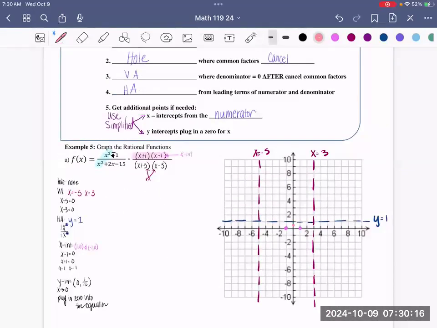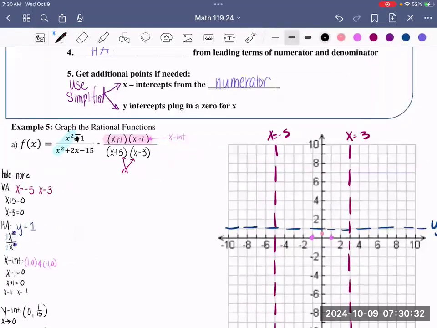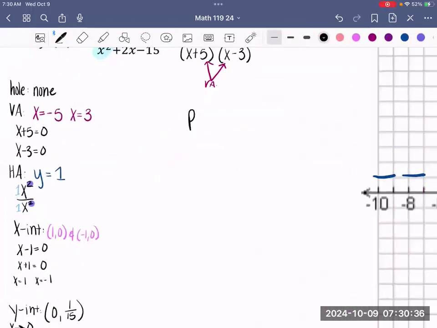So as far as your special features go, we have all of those mapped out. So now what we need to do is figure out, well, what does this graph look like? Primarily, we have to just plug in additional values.